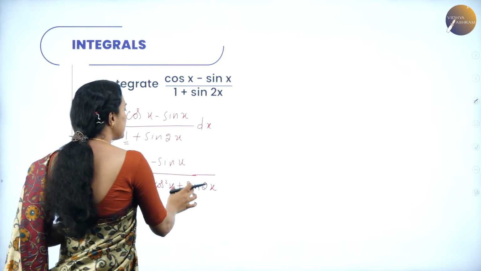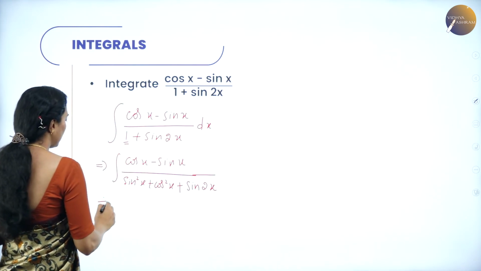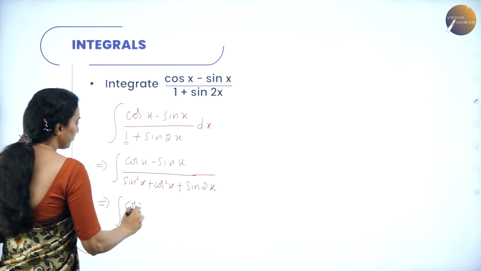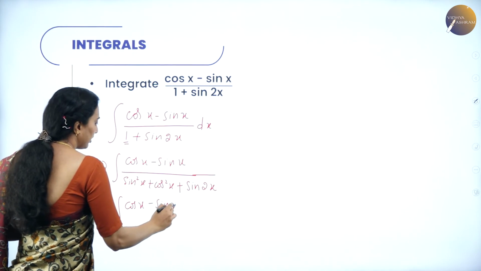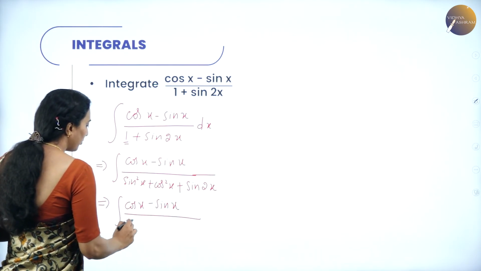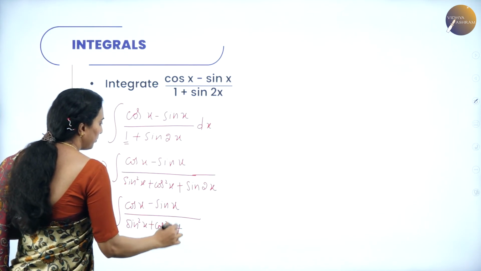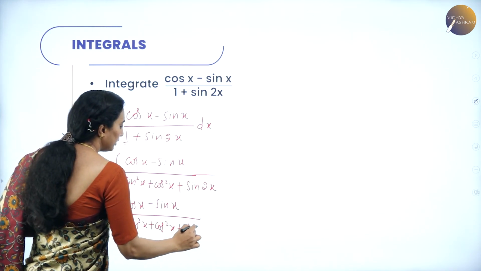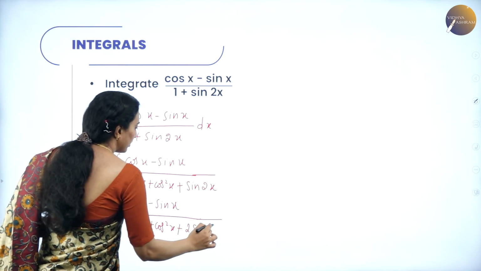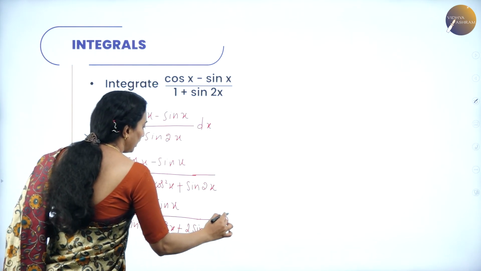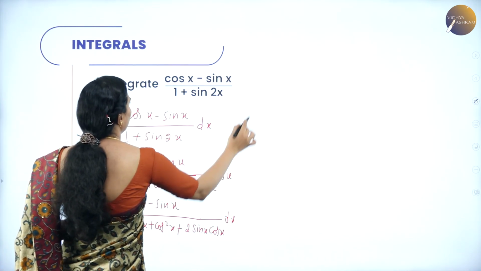Therefore, replacing this, you have (cos x minus sin x) divided by (sin squared x plus cos squared x plus 2 sin x cos x) into dx. Don't forget to write dx.